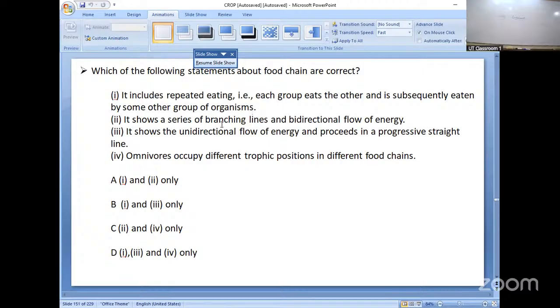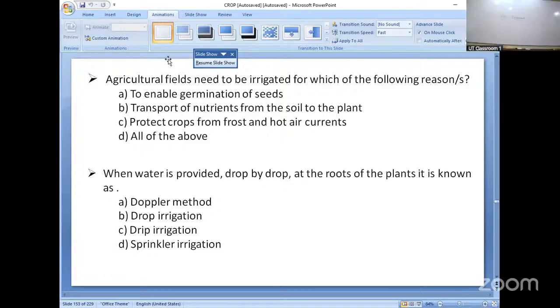It shows a series of branching lines and bidirectional flow. A food chain doesn't show bidirectional flow of energy, it shows unidirectional flow, so the second will not be there. It shows the unidirectional flow of energy, so the third will be there. Omnivores occupy different trophic levels in different food chains. So the answer is 1 and 3 only.